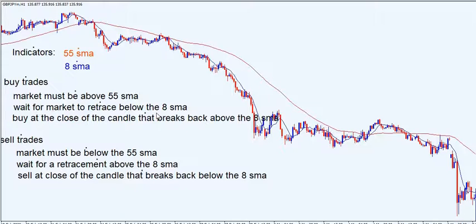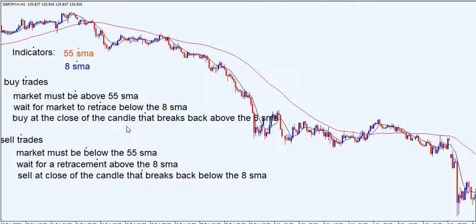Well, it won't make sense now, but it will make sense as we look at examples. For us to take the trade, we don't just buy because the market is above the 55 period moving average. We wait for it to go back below the 8 period moving average, and then we buy at the close of the candle that breaks back above the 8 SMA.